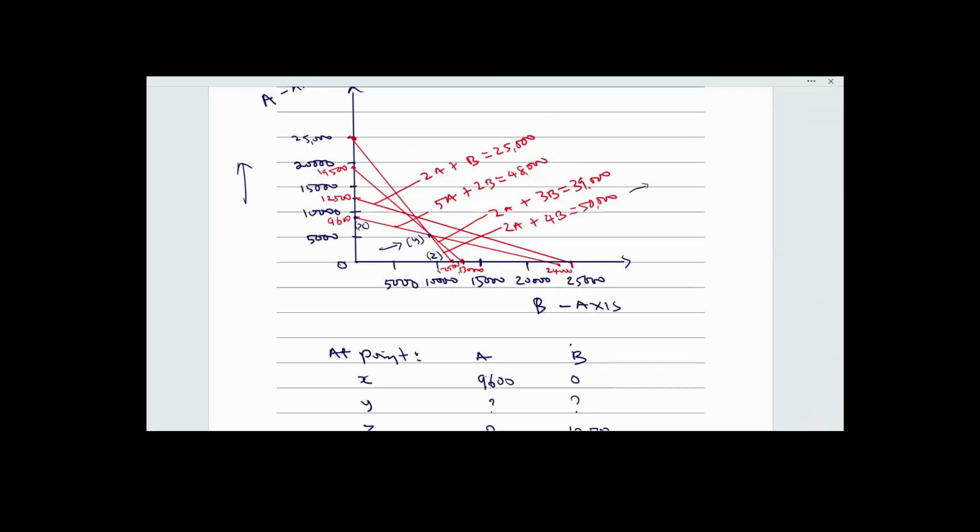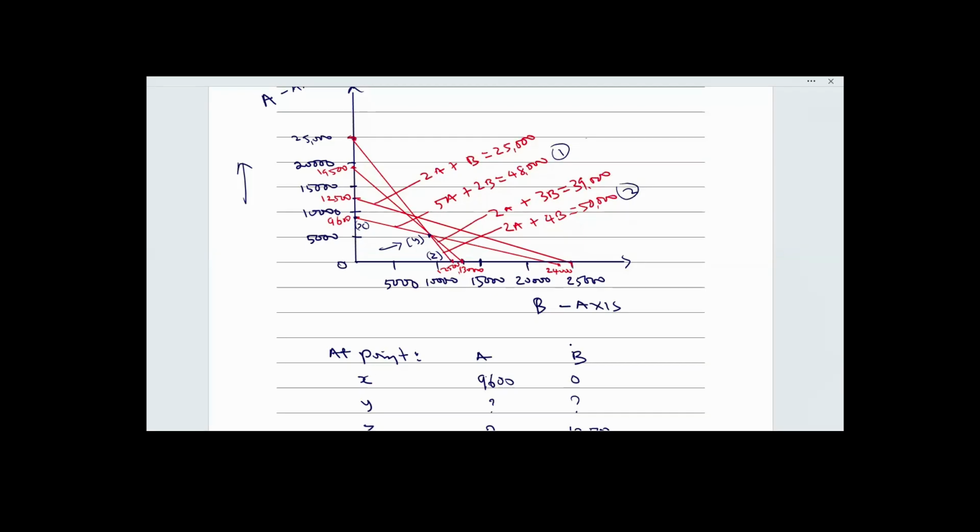Then there's another equation, this one from 9,600 to 24,000. That's equation 5A plus 2B. These are the two equations that intersect at this point Y.